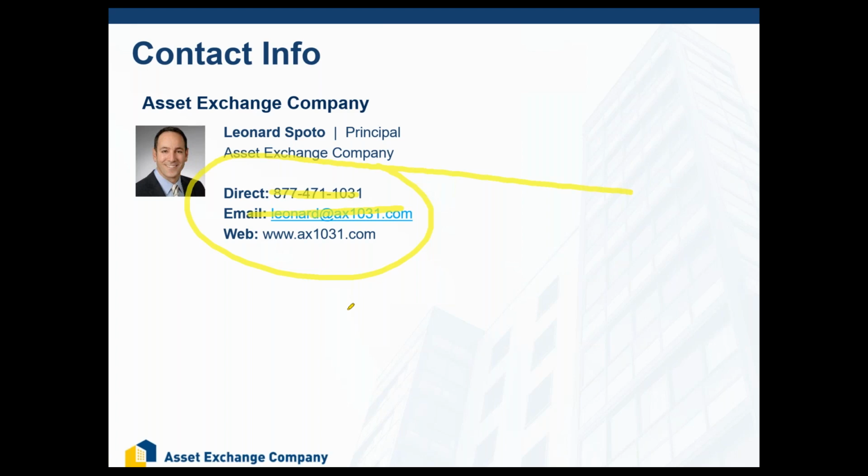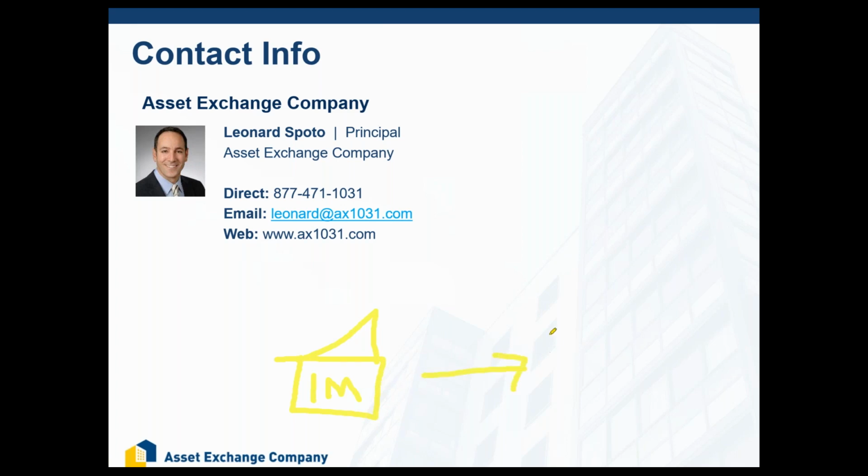Alice wants to know, can I exchange into a duplex and live in one part and rent out the other? Absolutely. But guess what, guys? This is something we didn't talk about. If you do an exchange, you need to replace the value of the property you sold. So you've got a rental that you sell for $1 million.